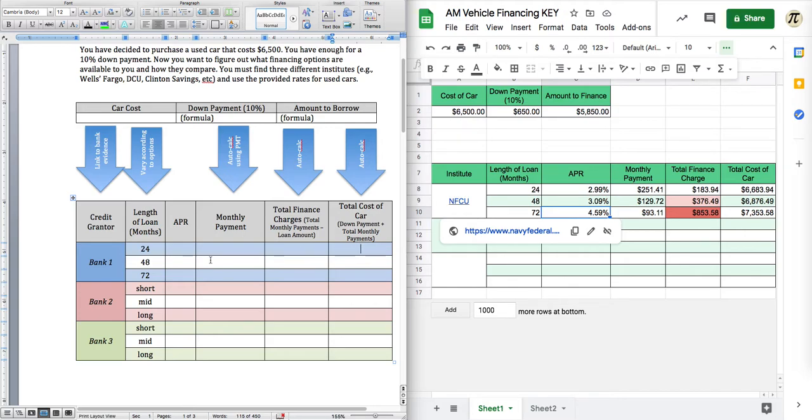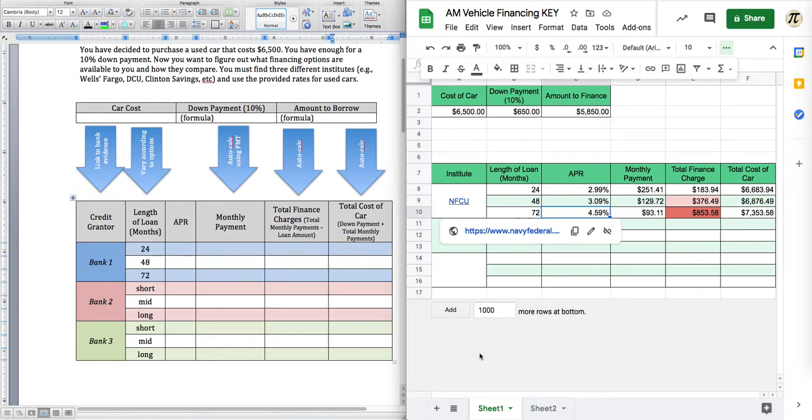Okay, so I'm assuming you've already set up this chart here, so I'm going to show you real quick, briefly, how beneficial this is. Notice here that I can see quickly, based on a 24-month loan, in this example I'm using 2.99%, I'm paying $251.41 per month for my vehicle.